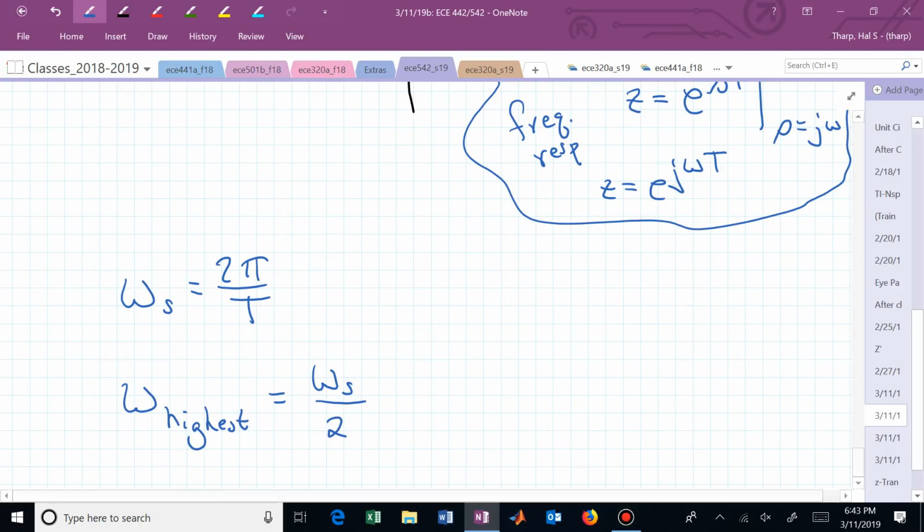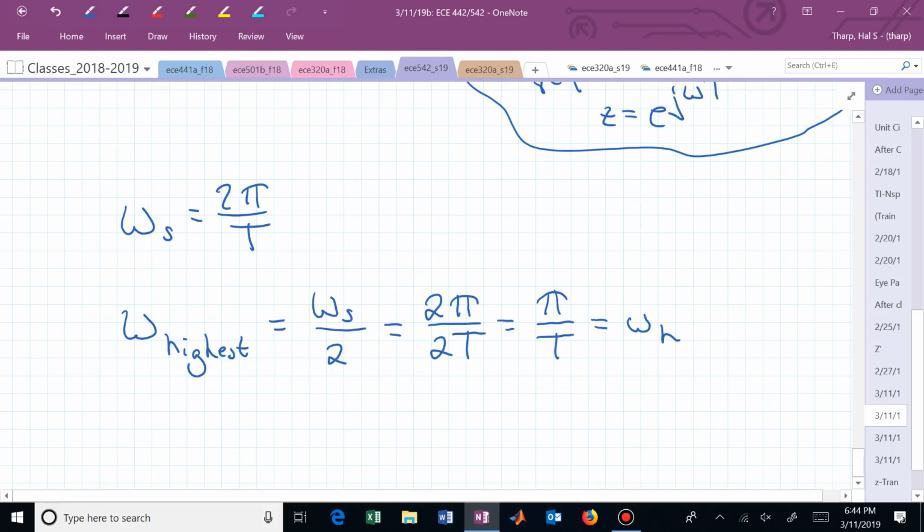That's the highest frequency we have available to us in the sampled signal. What's that equal to? Omega sub s is 2 pi over capital T, and we're dividing that by 2. So our highest frequency is pi over T. That's omega sub h.